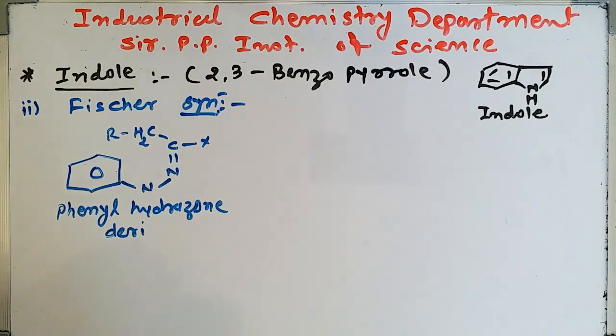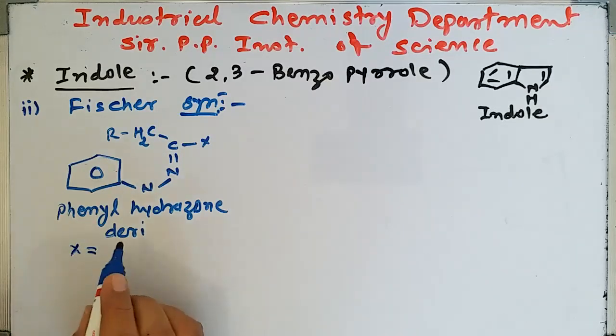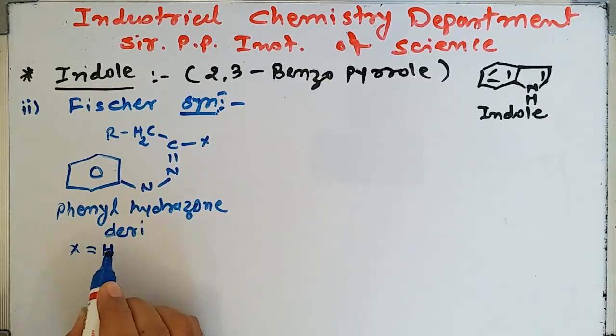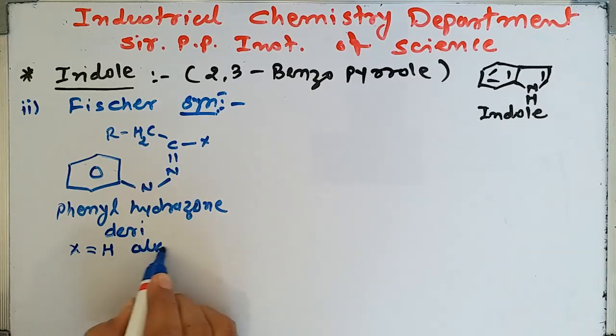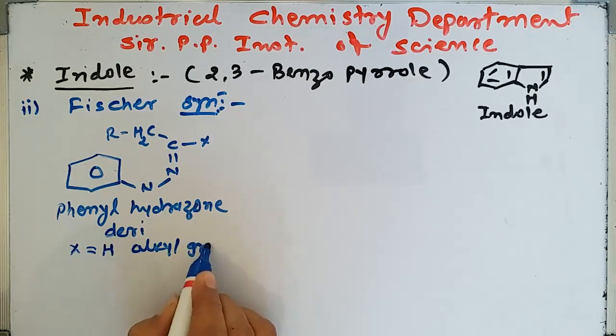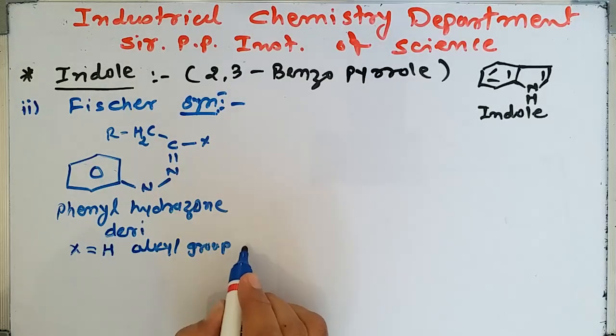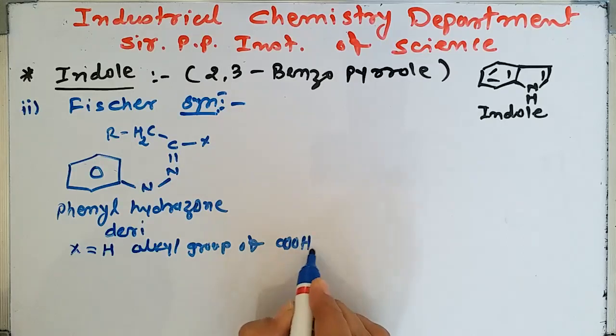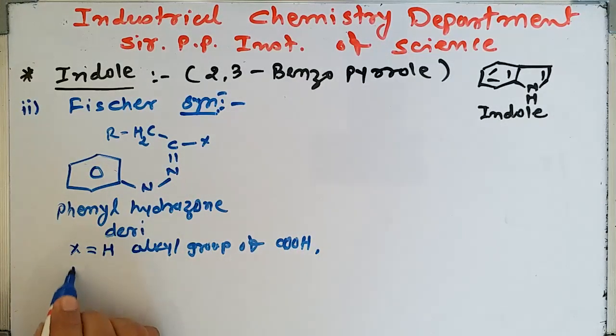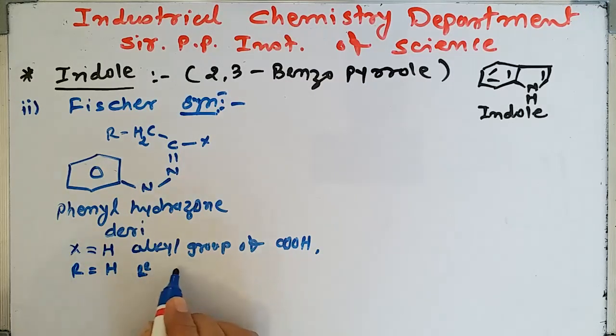We take here X as hydrogen or alkyl group of acid, and R as hydrogen or alkyl group.